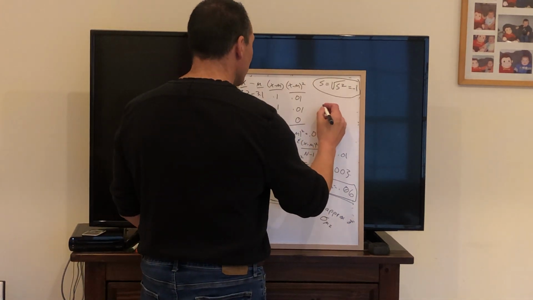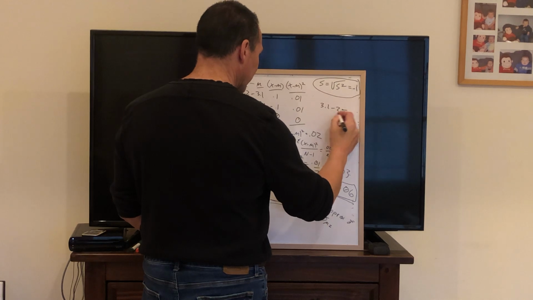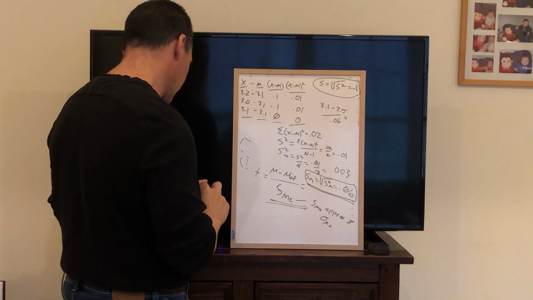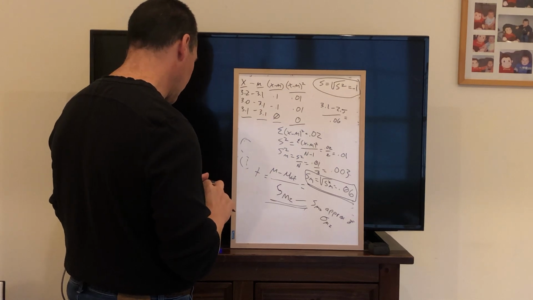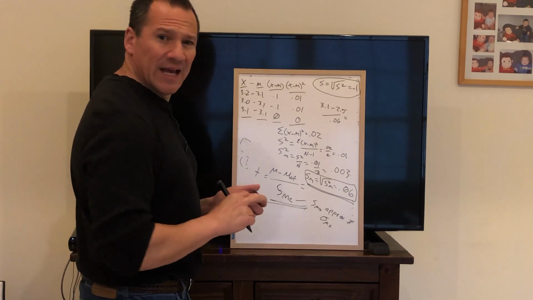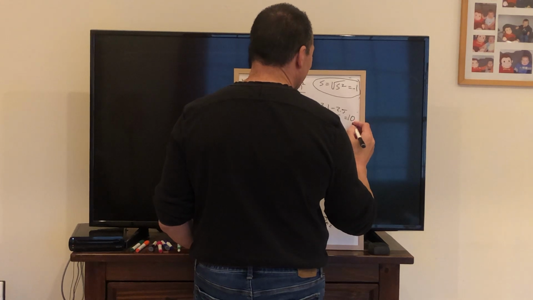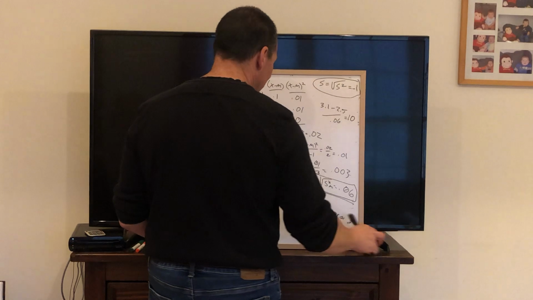So that equals 3.1 minus 2.5 over 0.06, which is 10. Whoa, that's a whopper, kids. 10. Okay, so let's take a look at what that means.